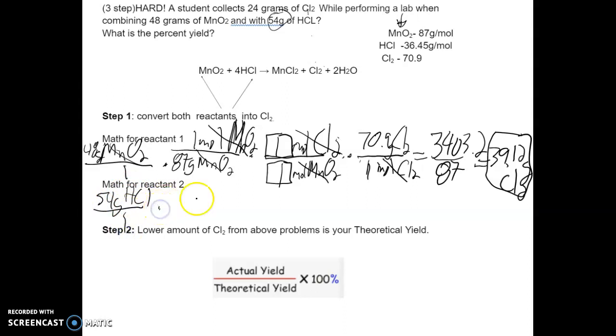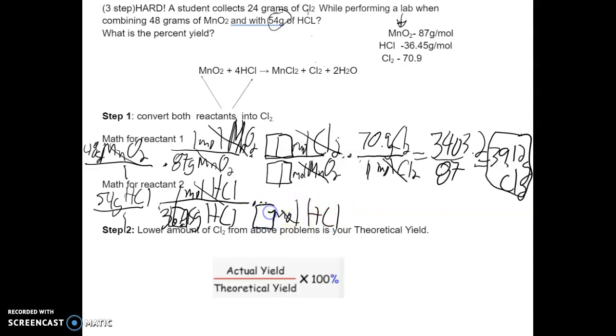I got grams of HCl on the top here, so I'm going to have grams of HCl on the bottom here. Again, to speed up this video, I already did the math. 36.45 goes in this box. 1 mole HCl goes on the top. Mole of HCl goes on the bottom here because I want my units to cancel.